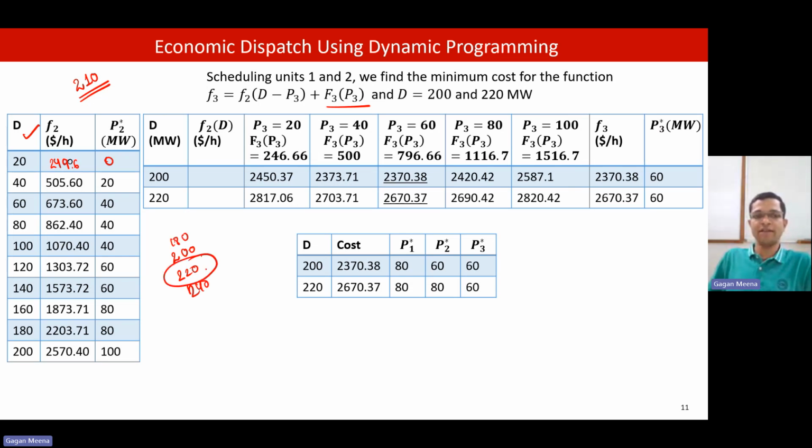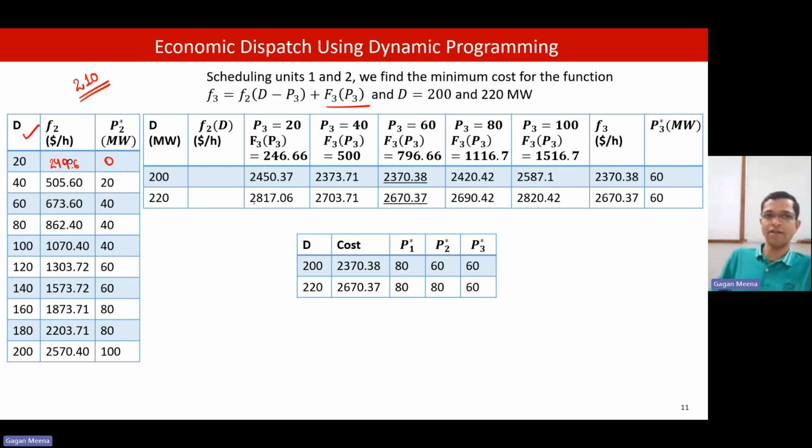The demand in between, which is 210, can be met, but we don't know the values for that. So we need to interpolate. We can calculate the cost for 200 and 220, and in between we can interpolate.